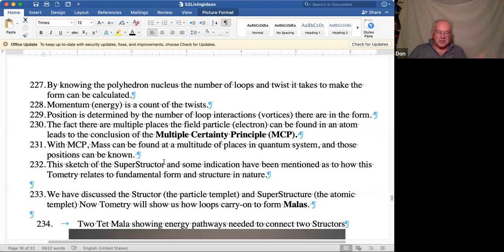While the uncertainty principle deals with everything in terms of probabilities, Tometry deals with the geometry of particles as a set number of places it can be.